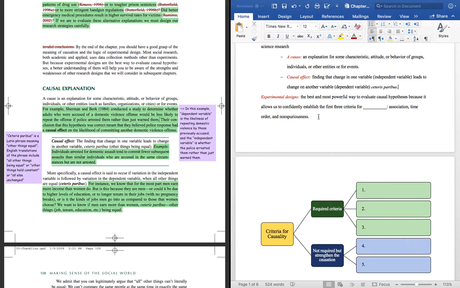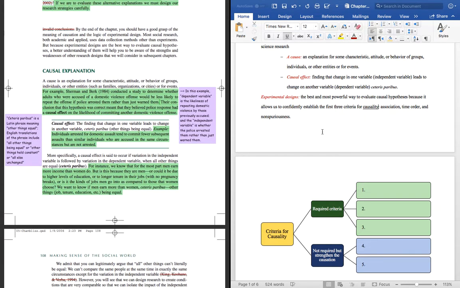It's not naturally occurring. So it's the best and most powerful way to evaluate causal hypotheses, and it allows us to confidently establish the first three criteria for causality. The article discusses all of these criteria, but the first three criteria for causality are association, time order, and non-spuriousness.